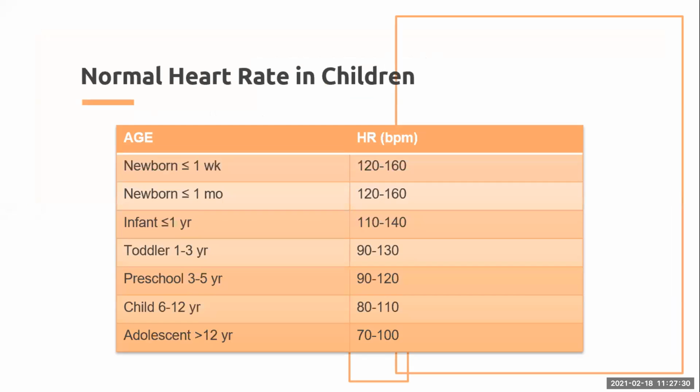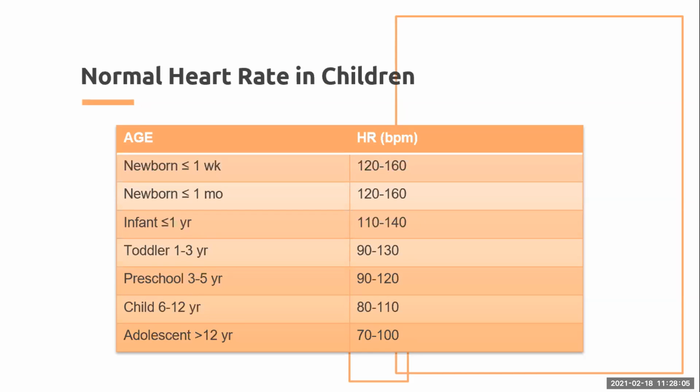Okay, for the normal heart rate in children, for newborns, the normal heart rate is between 120 to 160 beats per minute, while for infants less than 1 year, the normal heart rate is usually below 140, while for children between 1 to 5 years old, the normal heart rate is below 120 beats per minute.